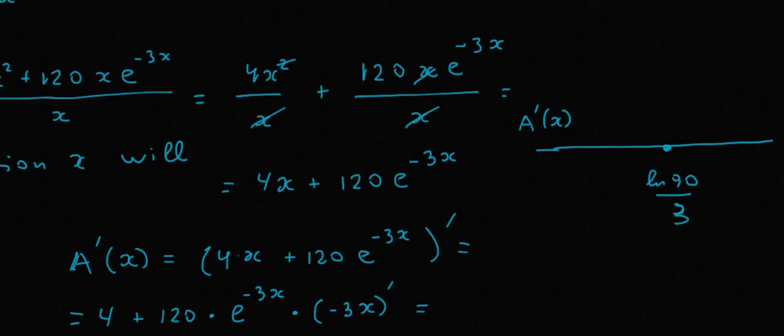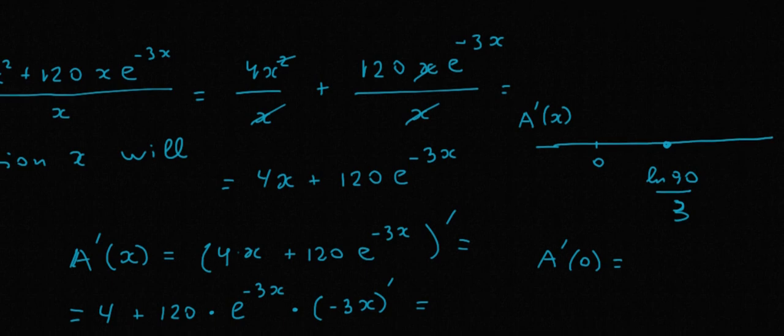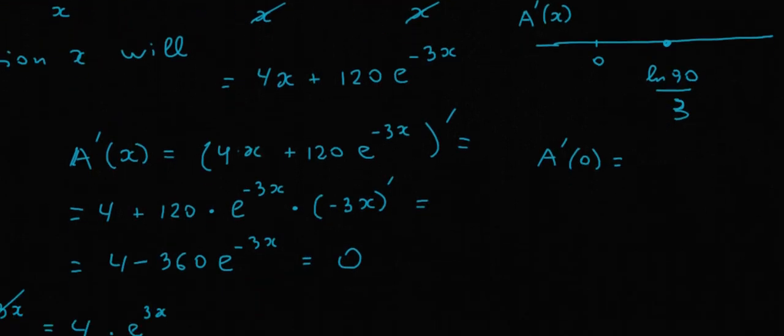On the left-hand side of our critical point, we can select a test point, for example, 0. And if I substitute 0 into our derivative, which we calculated earlier, and I have a formula for it somewhere here. Yeah, right here.